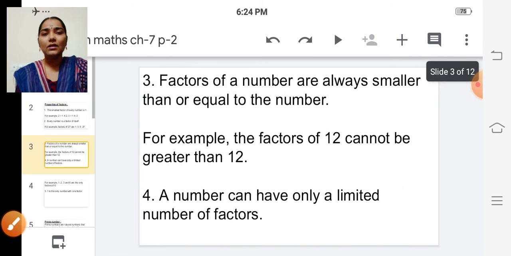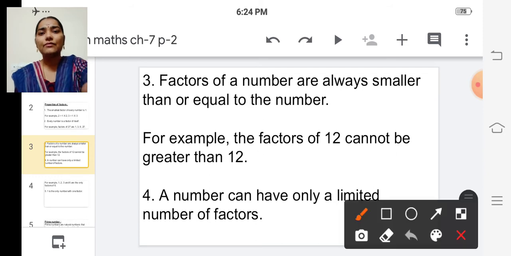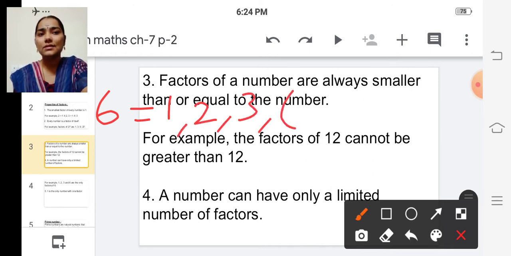Third property: factors of a number are always smaller than or equal to the number. If we take the factors of 6, what are they? 1, 2, 3, 6.